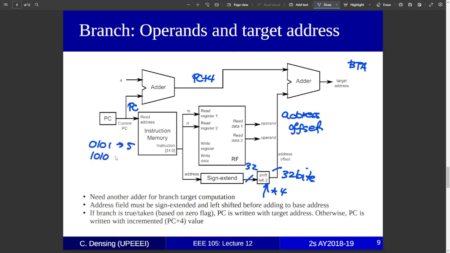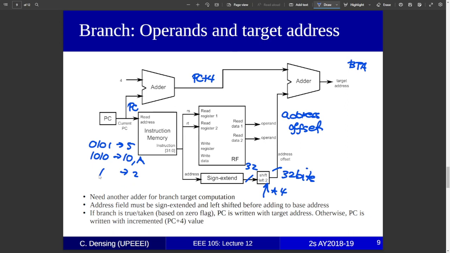If you shift left, this is actually 1010, or A, which is 10. And another example, this is 10, which is 2. This becomes 100, which is 4. So if you shift left by 1, then you multiply by 2. And so if you shift left by 2, then you multiply by 4.